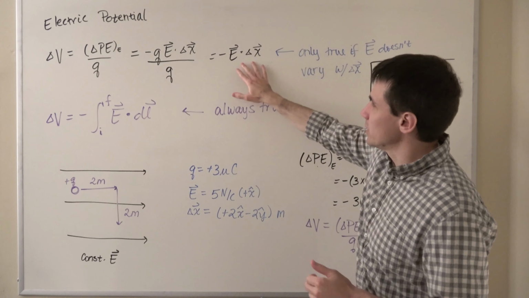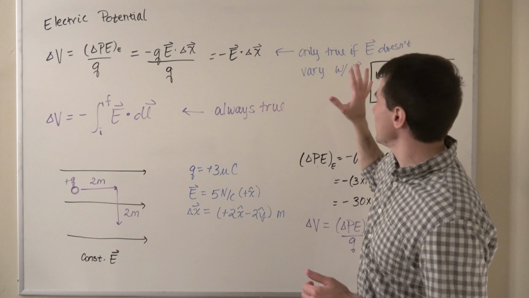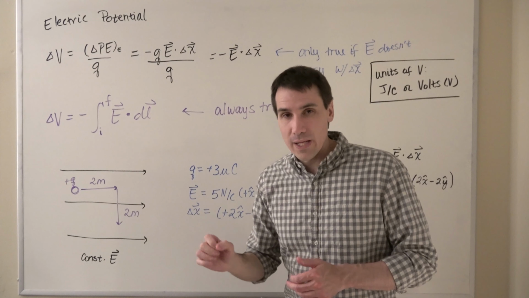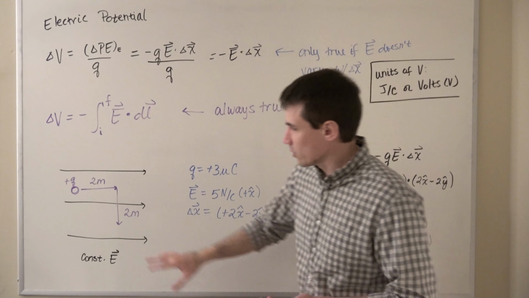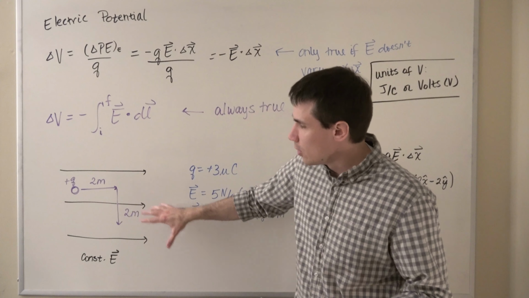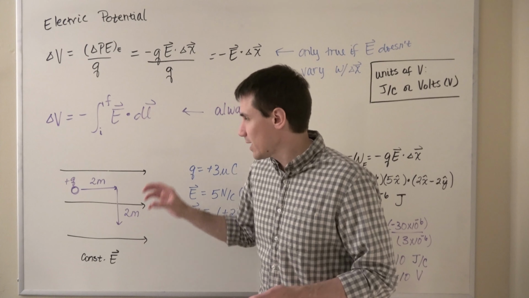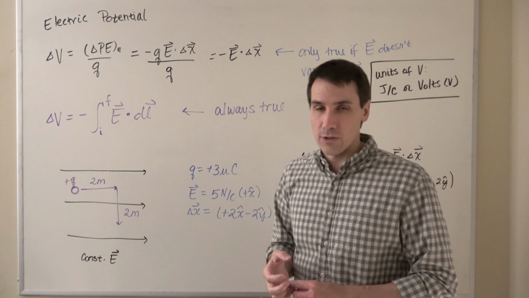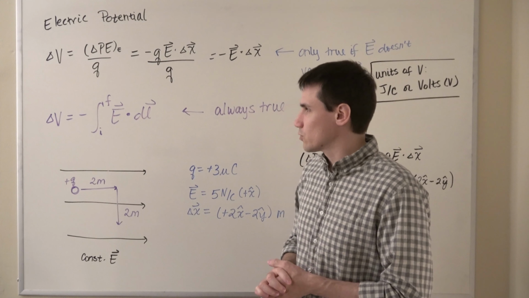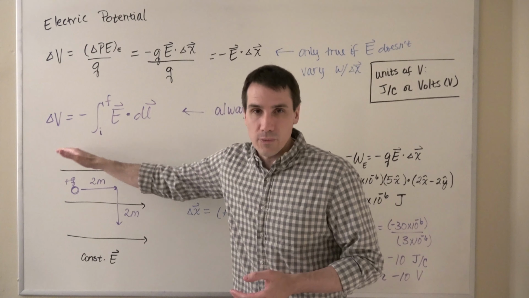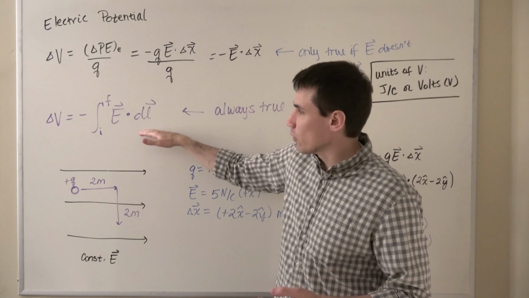Now, this expression here only holds true if the electric field does not vary with position. So for example, an electric field like this, where the electric field is constant at all locations, has the same magnitude and direction at all locations, that equation holds true. More generally, we can write it using this integral form here.